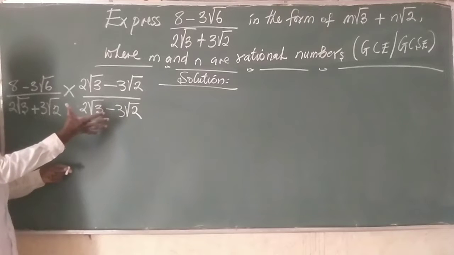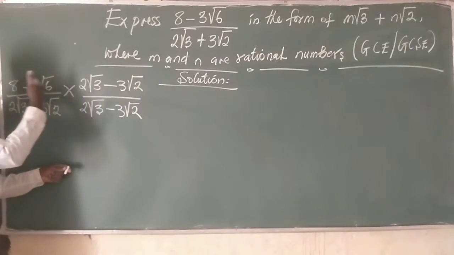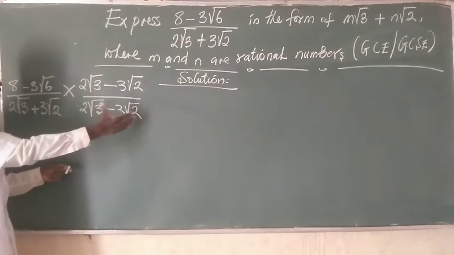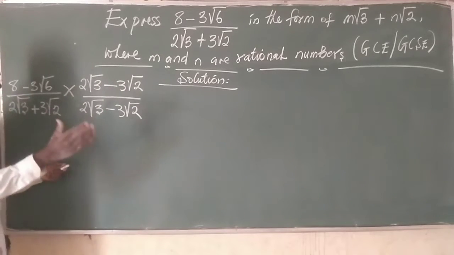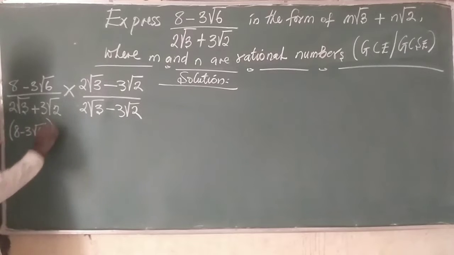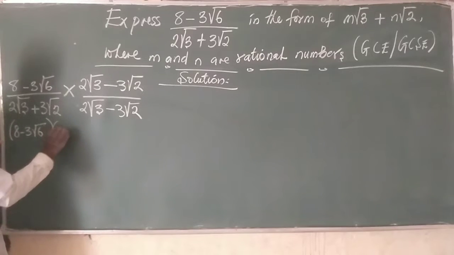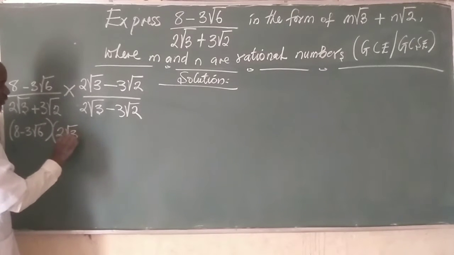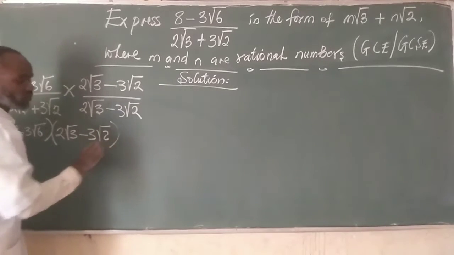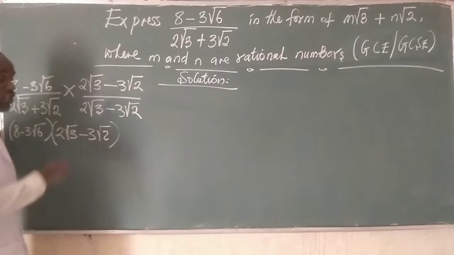The next thing we need to do is to multiply out the numerator, after which we multiply out the denominator. Multiplying out the numerator is going to be 8 minus 3 square root 6, bracket open, 2 square root 3 minus 3 square root 2, bracket close. And that is for the numerator.